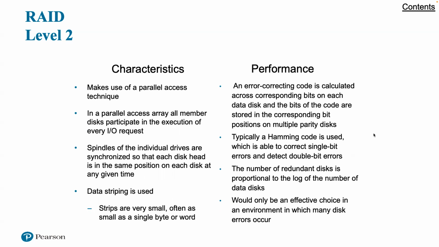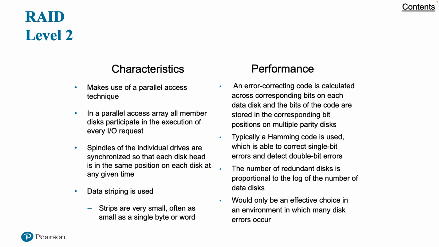So there's going to be a lot of timing things involved here. Data striping is used. Strips are very small, often as small as a single byte or word. For error correction, an error-correcting code is calculated across corresponding bits on each data disk, and the bits of the code are stored in the corresponding bit positions on multiple parity disks.